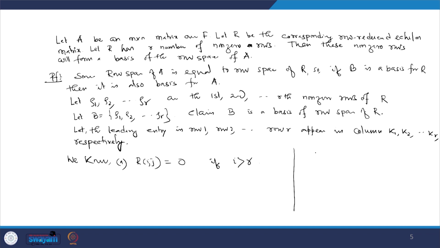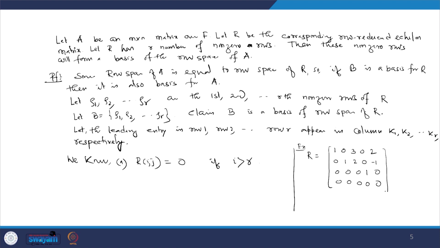So, I will also consider my R matrix here as an example: 1 0 3 0 2, then the second row 0 1 2 0 minus 1, then 0 0 0 1, and 0 0 0 0 0 0.